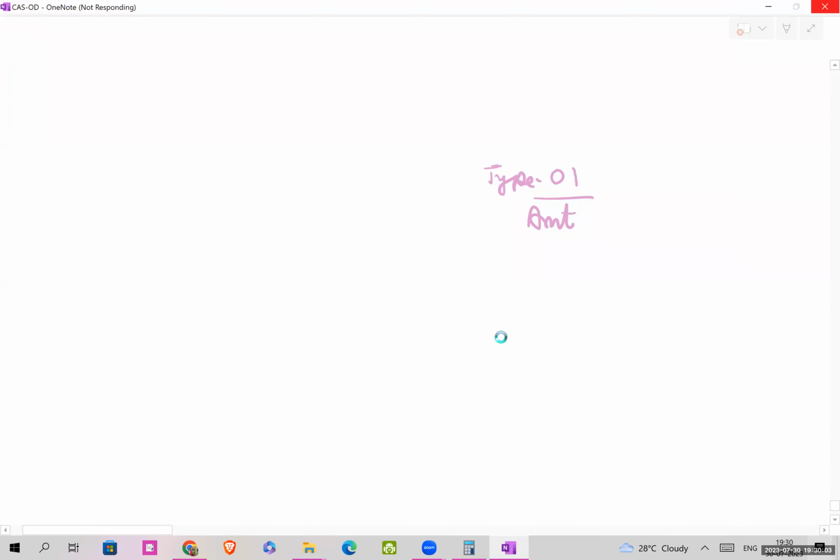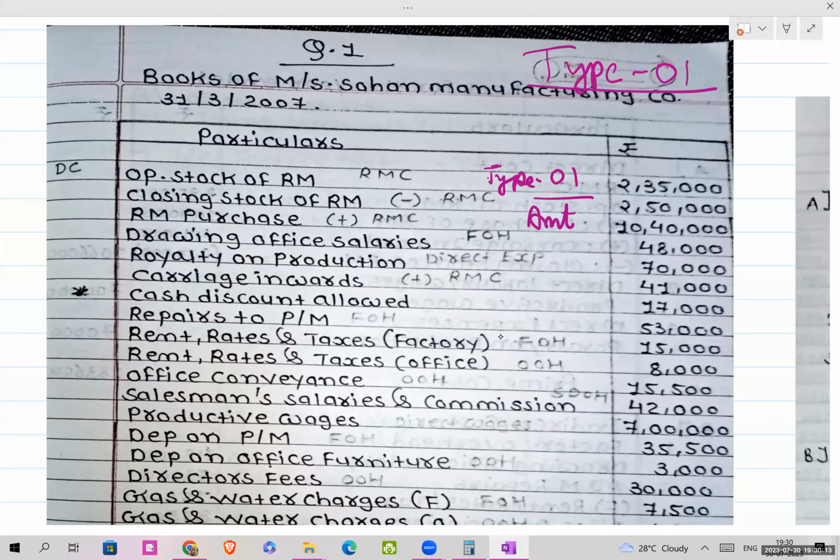As we had discussed earlier, there is a breakup of direct material, that is opening stock of raw material, add purchase of raw material, add carriage inward on raw material, less purchase return of raw material, less closing stock of raw material, less sale of scrap of any raw material. So that breakup of raw material also you have to take into consideration.